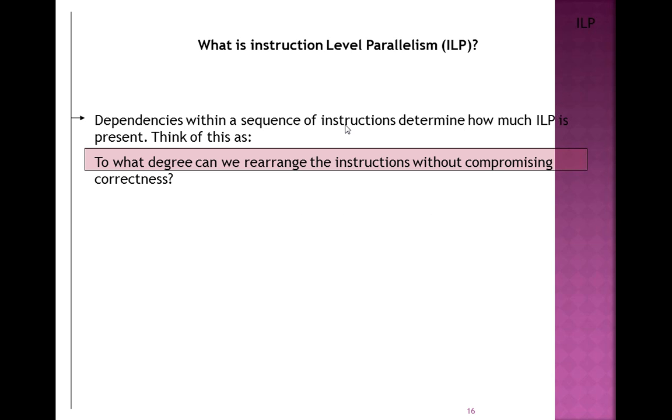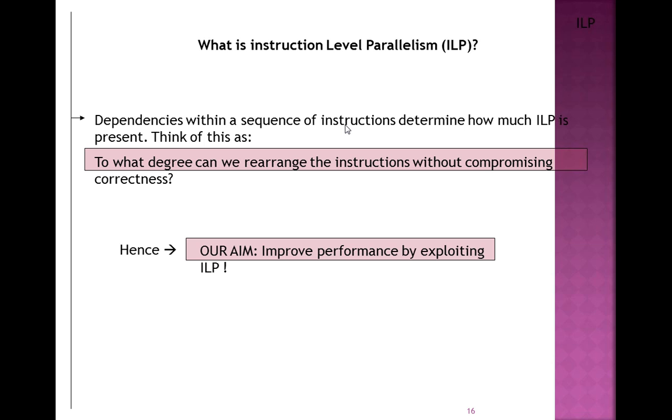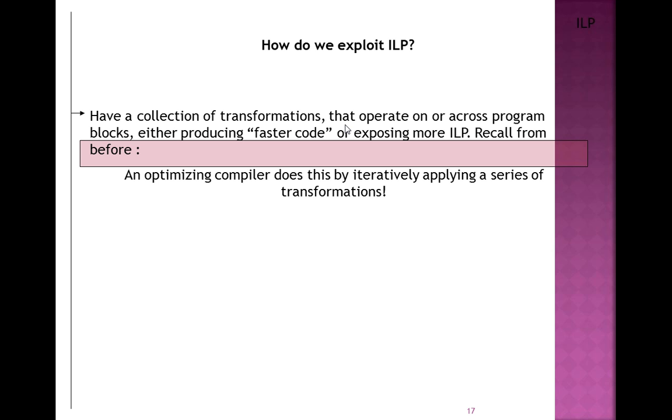There is an upper bound on where we can apply the parallelism. Then what is ILP? Dependencies within a sequence of instructions determine how much ILP is present, that is, to what degree we can rearrange the instructions without compromising correctness. Hence, our aim is to improve performance by exploiting the ILP, that is instruction level parallelism.